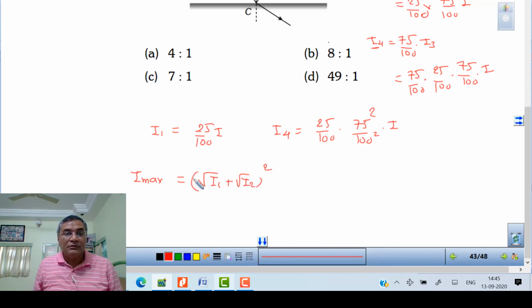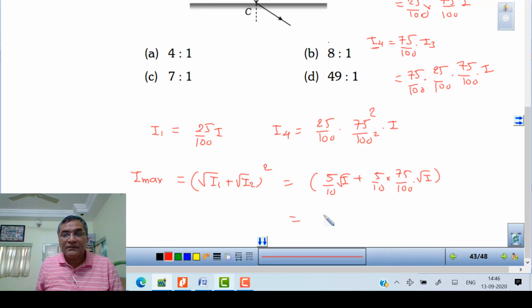Remember? Because root I is amplitude, amplitude is proportional to root I. So root I1 if I take, then it is root of 5 upon 10 and this is 75 upon 100 root I.